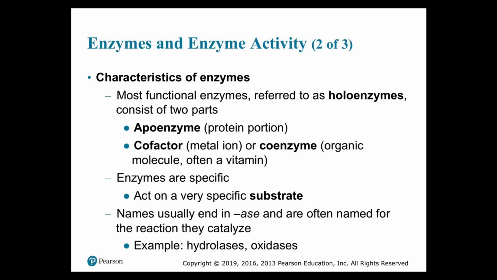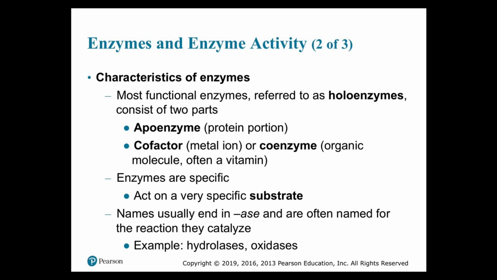So some important characteristics of enzymes. Most functional enzymes are referred to as holoenzymes, and consist of two parts. The apoenzyme is the protein portion. The cofactor is a metal ion, or a coenzyme, which is actually an organic molecule, often made of B vitamins.